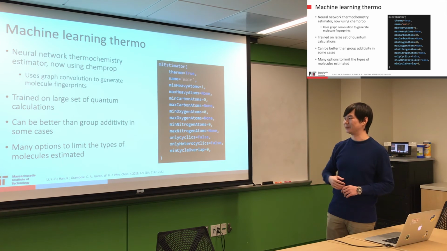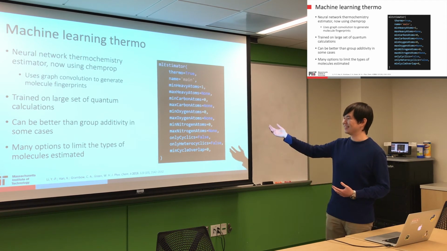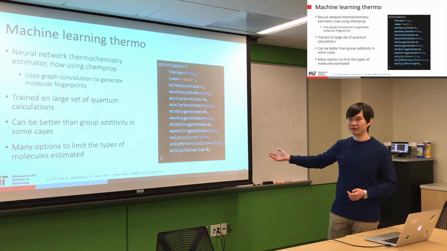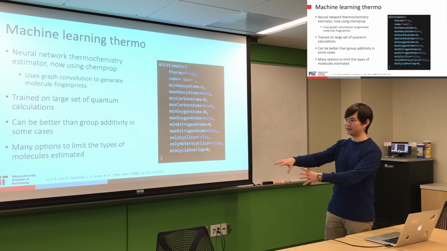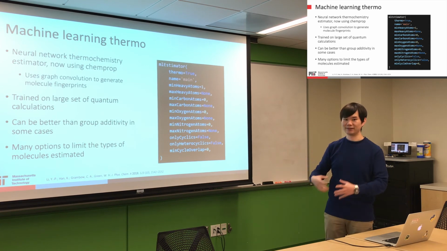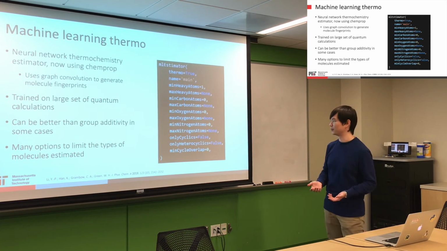But for certain species, it's better. To help make that useful, you have a ton of options for limiting the types of molecules that you estimate. So you can have this be the estimator for the set of molecules that it's better than group additivity for.